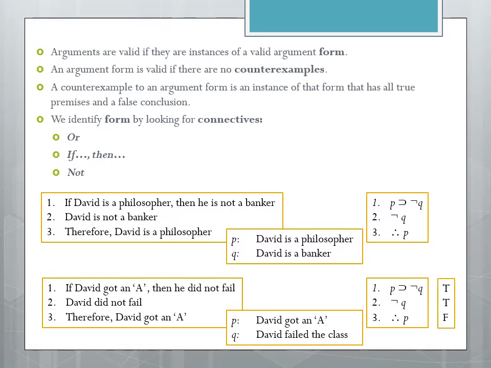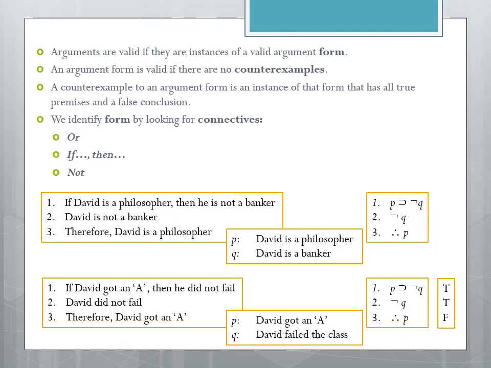So we have all true premises and a false conclusion. If we look back at the definition of a counterexample, then we now see that our argument at the bottom left of the slide is a counterexample to the argument form that we're concerned with. It's a counterexample because it has all true premises and a false conclusion.